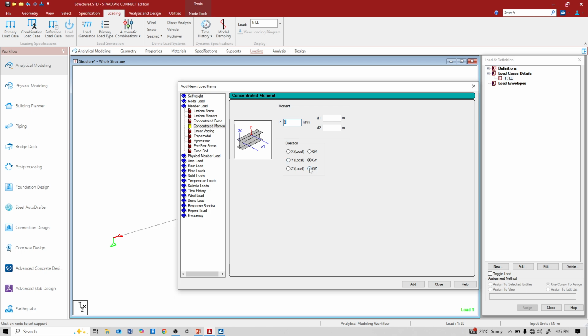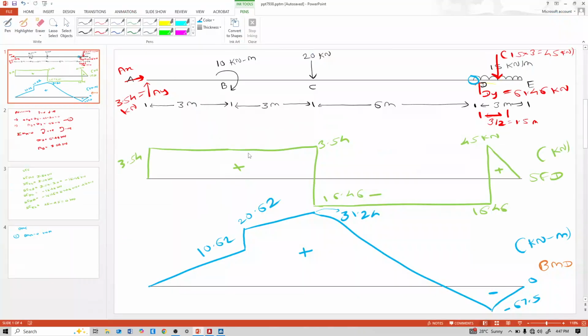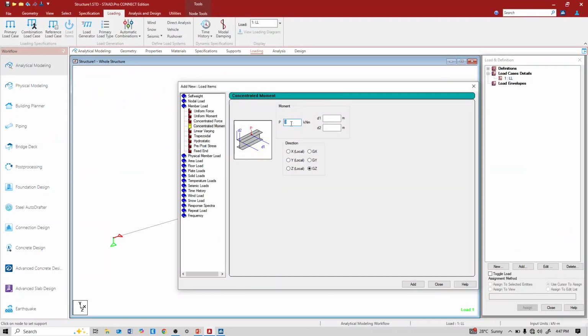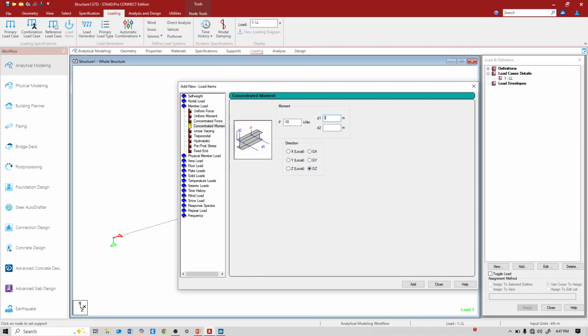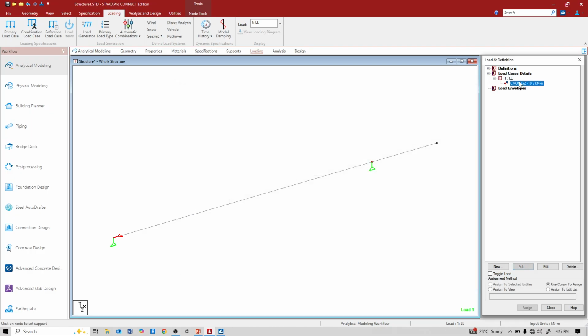So here GZ, that means this moment is like this. So GZ, and here value is 10 kilonewton meter clockwise. Clockwise, that means minus 10, and at a distance of 3 meter. Add close. Select. Use cursor to assign, and click here.